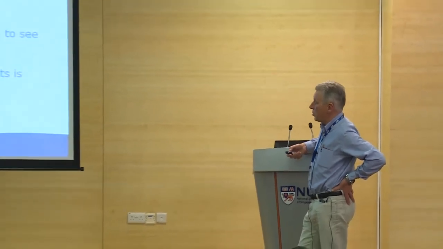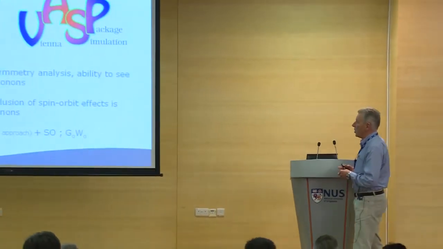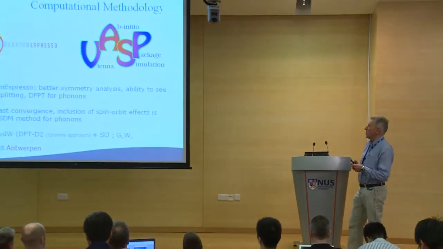So our methodology is based on computational DFT calculations, where we typically use the VASP code and Quantum ESPRESSO. For the exchange correlation, we typically use GGA and also van der Waals, and in these materials, spin-orbit interaction is also very important.